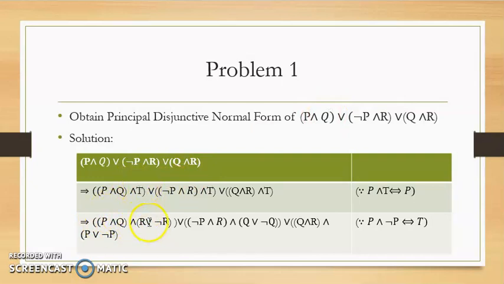So instead of T, I am writing R or not R. In the second part, P and R is there, and instead of T, I can substitute Q or not Q. In the third term, Q and R are there and P is missing, so instead of T, we replace it with P or not P. So the first term has R, the second term has Q, and the third term has P inserted.